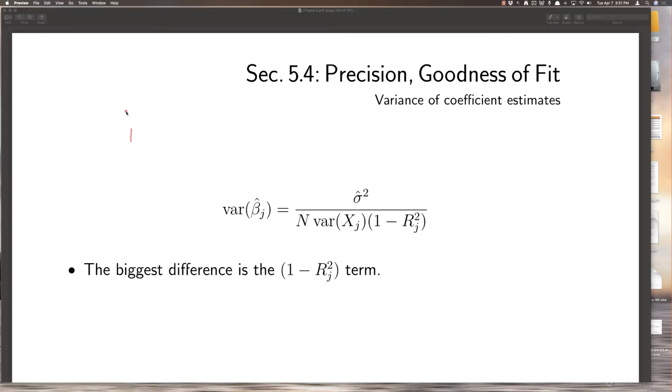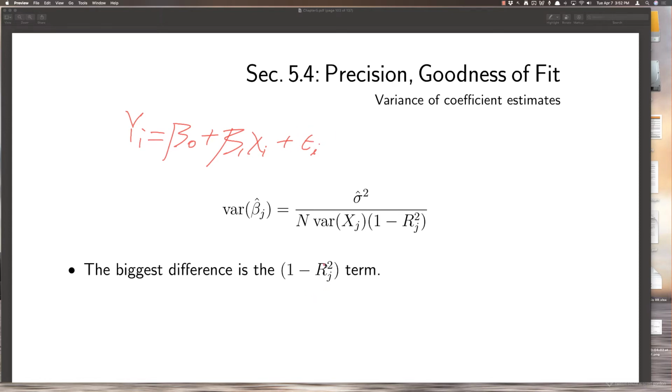So if you have a regular regression, y equals beta naught plus beta 1 x1i plus e, an r squared for this regression would be the amount of variance in y that x explains.